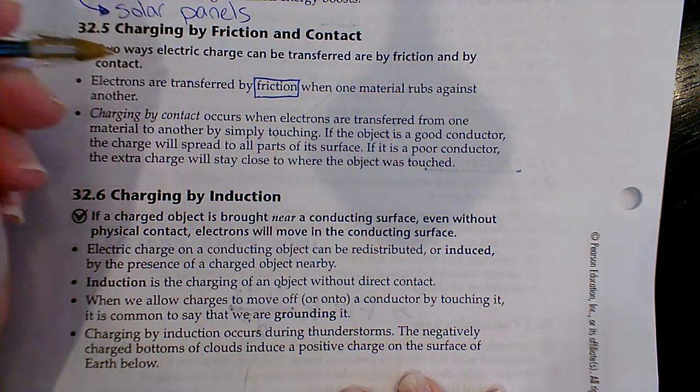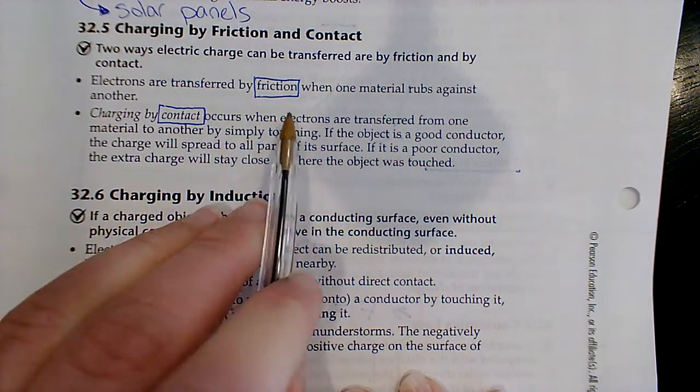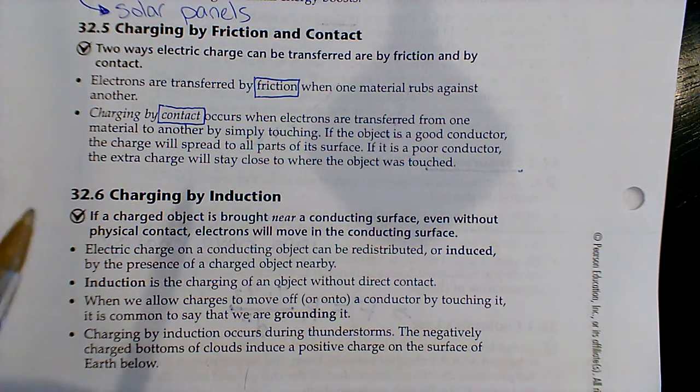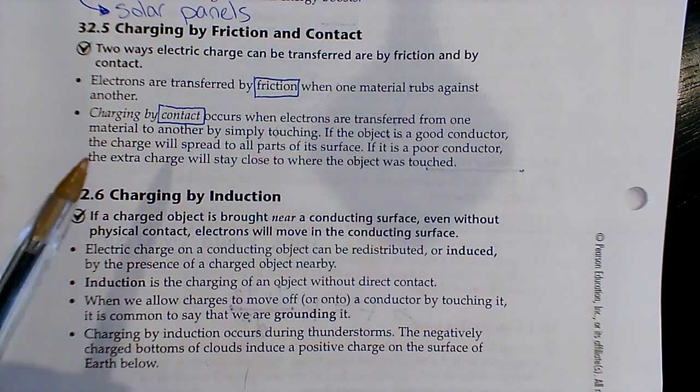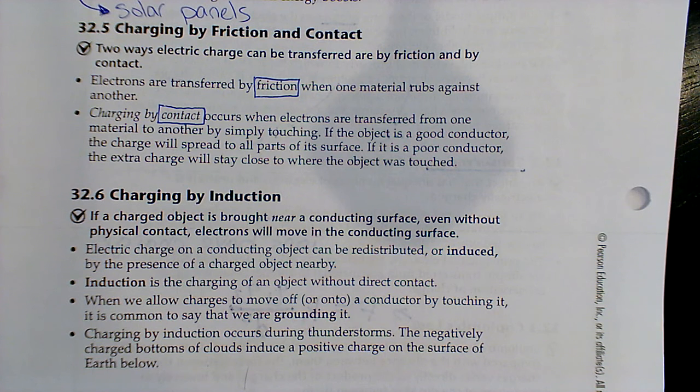And then we have charge by contact, and yes, friction is a kind of contact, but this is a different thing. Let's say you scooted across the carpet with your socks on, and you have accumulated negative charge. So you are now a negatively charged thing.